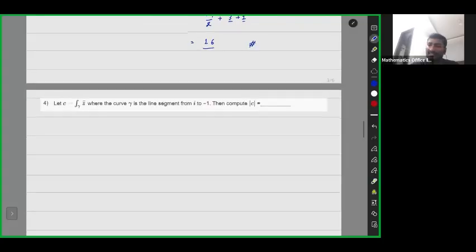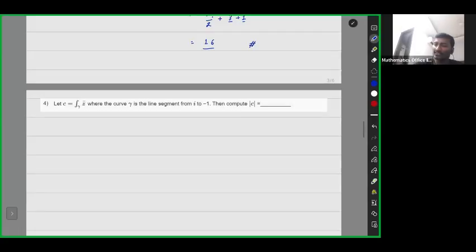Okay, so coming to the next question, here f(z) is given by z bar and it is not holomorphic, right? So the antiderivative method is not working here. What other method are we going to try?